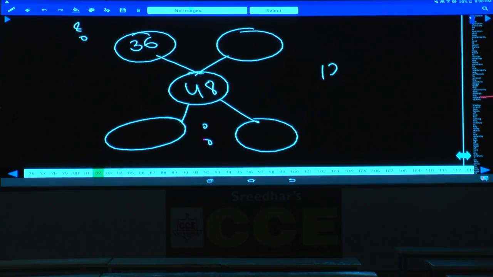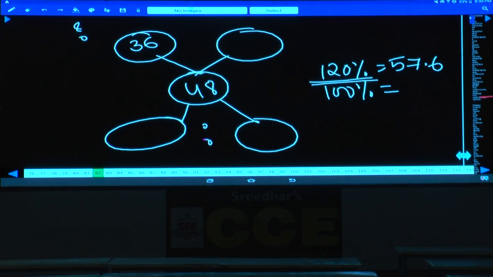So, 120% is equal to 57.6, and 100% is equal to 48, which is the cost price. I'll tell you how I calculated. This value 120% is how much percent more than 100%? 20%. 20% is ending with 0.6. Then 10% may end with either 0.3 or 0.8.